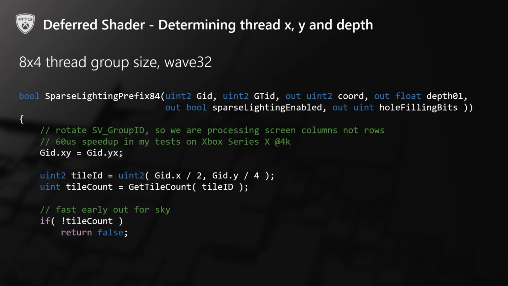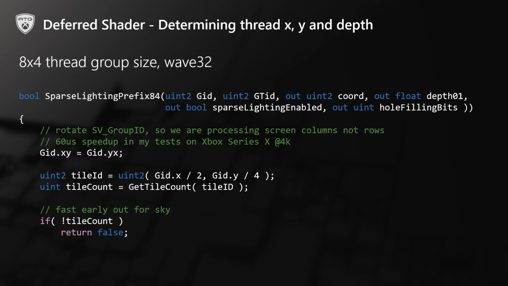It also gives you depth as a normalized value between 0 and 1. It returns whether or not sparse lighting is enabled, and then the hole filling bits that are needed to copy the result of the deferred lighting operation, whether that's horizontally, vertically, or diagonally. And the function returns a boolean for whether the wave itself, or the thread itself, has any work to do.